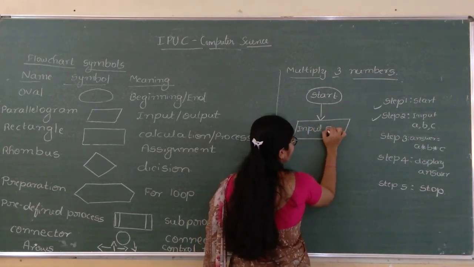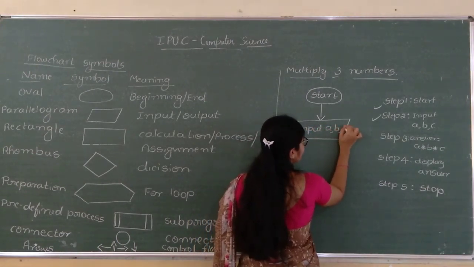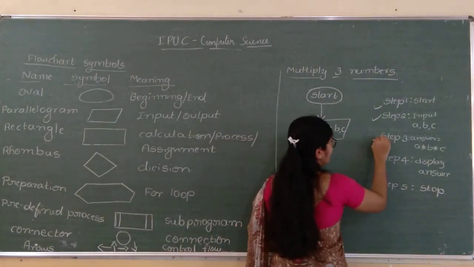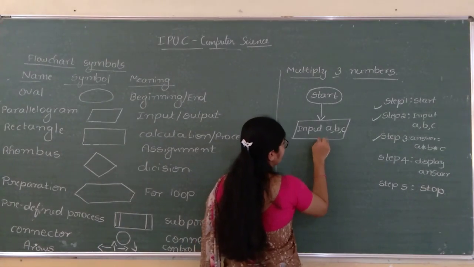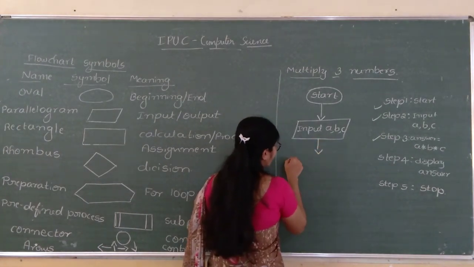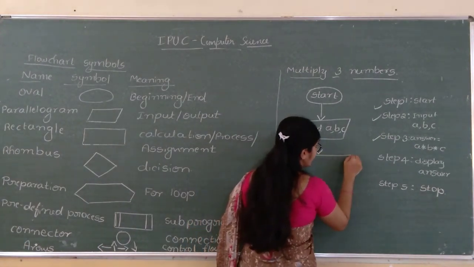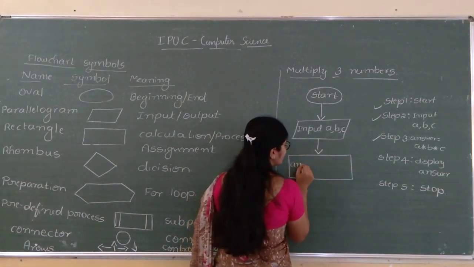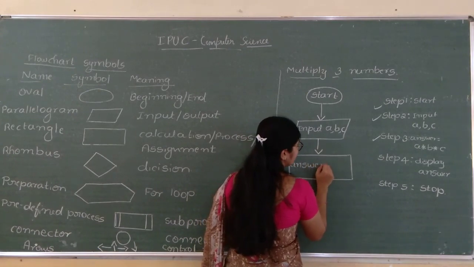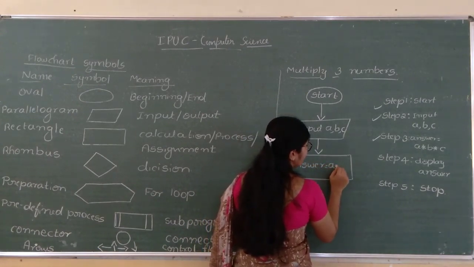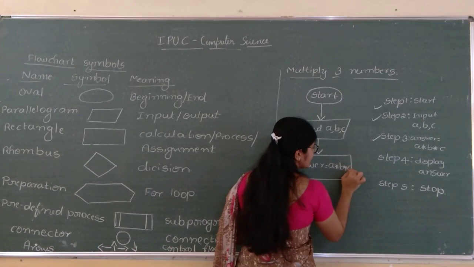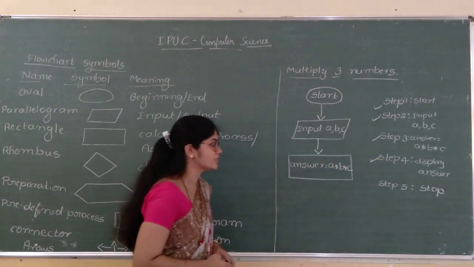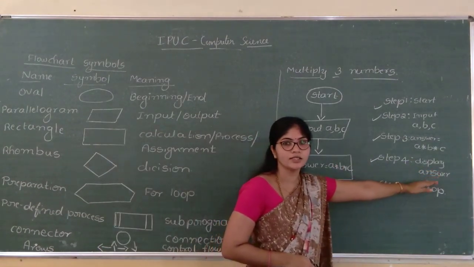Input A, B, C. Next, step 3, calculation. Rectangle represents calculation. That is, answer is equal to A into B into C. Next, step 4, display answer or output answer.